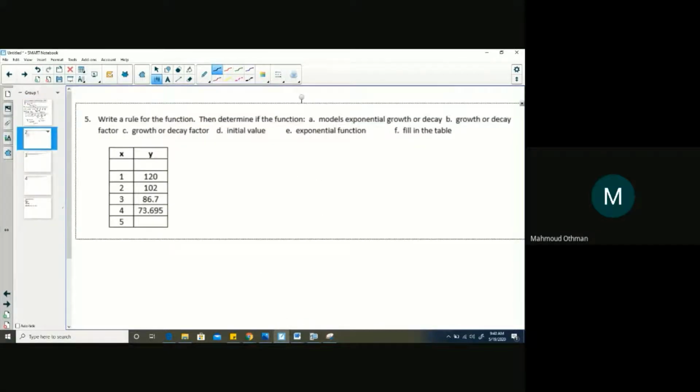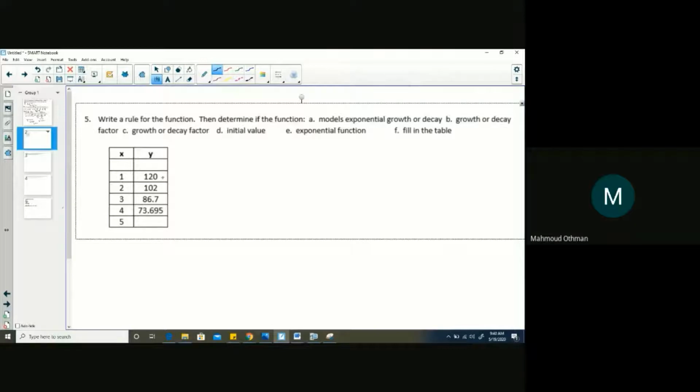Next, write a function rule, then determine if the function represents growth or decay. The growth or decay factor, the rate, the initial value, the exponential function, and then I guess they want me to fill out the table. I need to figure out the pattern.